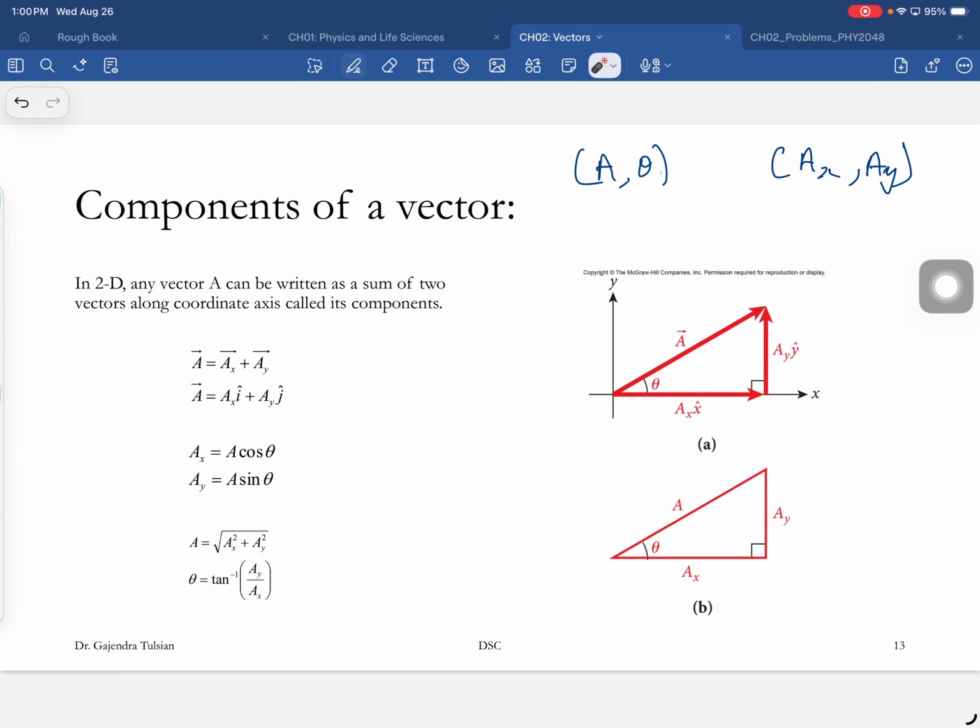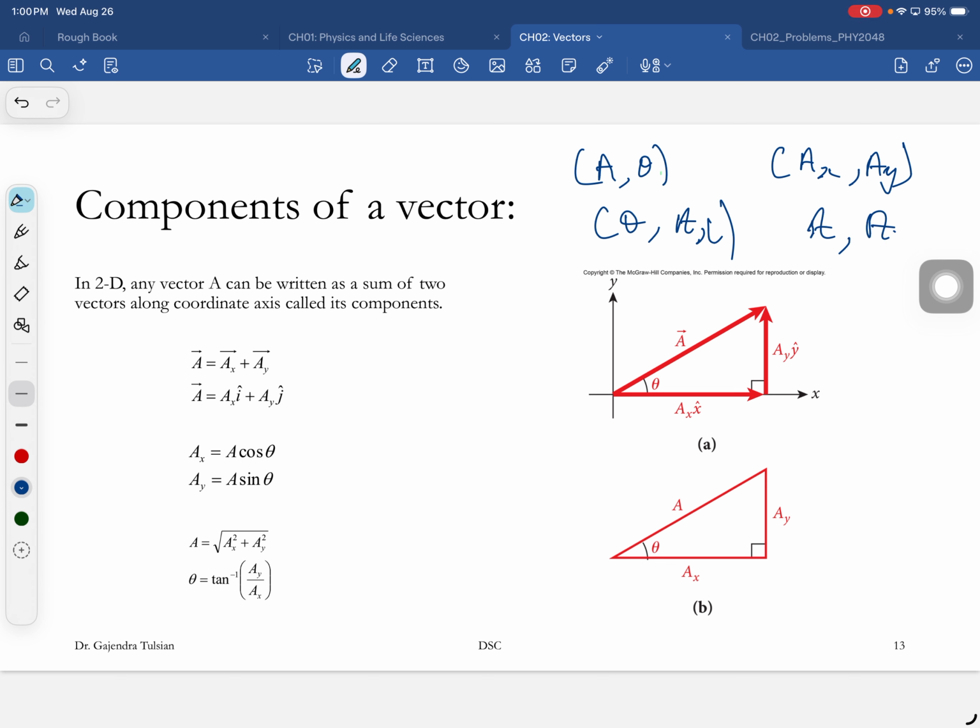All right. Which pair has more information? The one on the right? They all have the same information. In fact, you can pick any 2 numbers and they have the same information. You could pick theta, Ax, Ay, any 2 numbers.